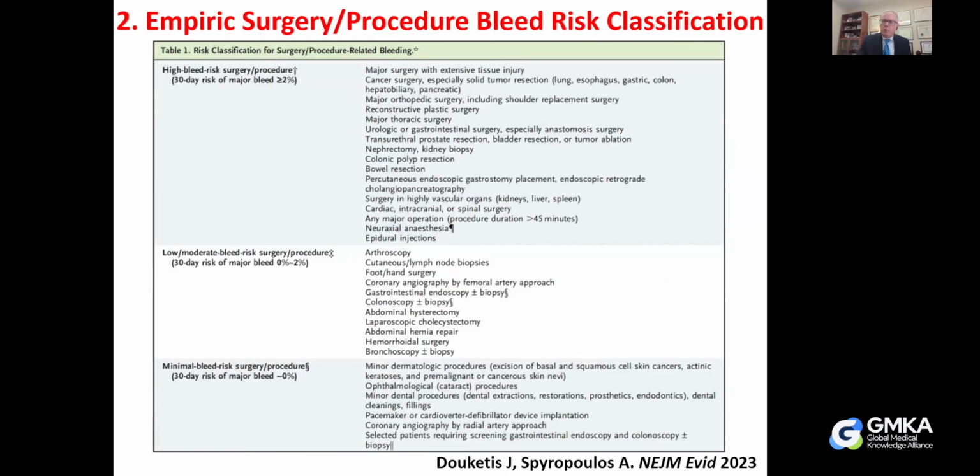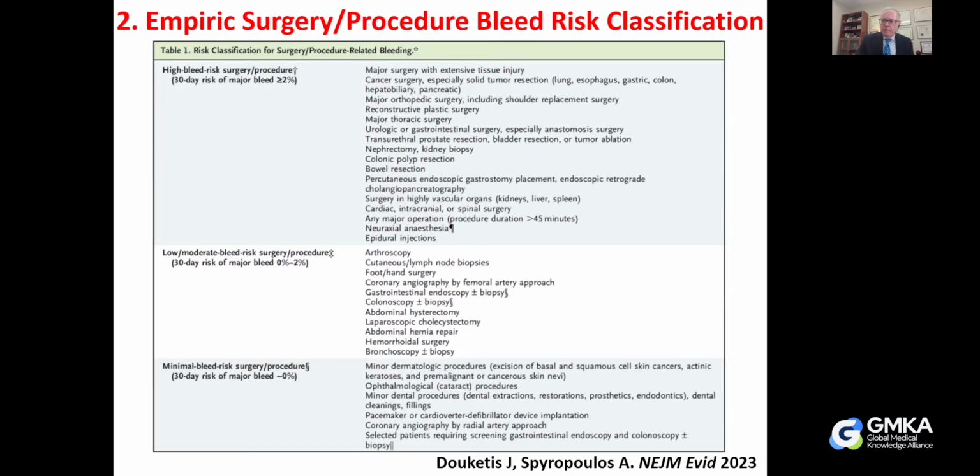The other part, of course, is estimating the patient's risk for bleeding, which is driven mainly by the surgery or the procedure that they are having, because that helps us determine when to stop anticoagulation and when to resume it. Of course, one has to be careful in situations, for example, patients at high bleeding risk who are receiving bridging anticoagulation. Both of these are empiric. They have not been validated prospectively, but they provide a starting point.